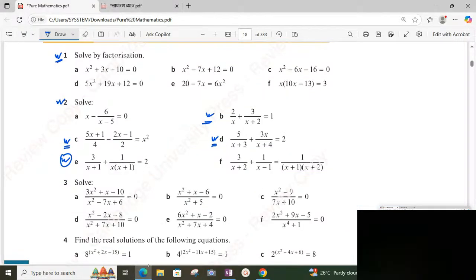And this is the last question. As the homework, I leave it and solve yourself. Let's see the question number 3. 3x square plus x minus 10 by x square minus 7x plus 6 equal to 0.